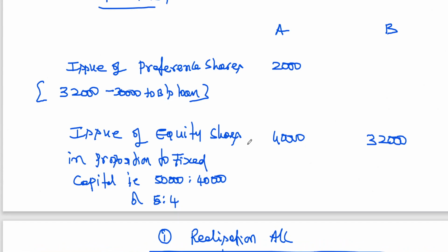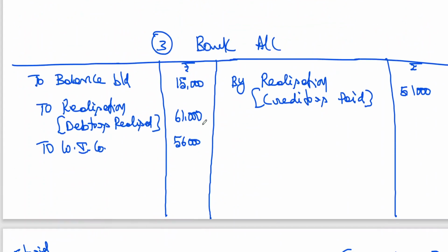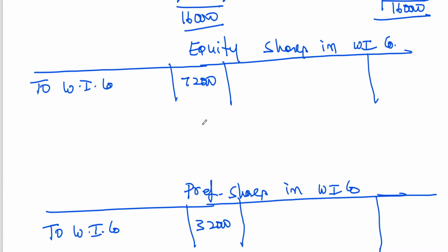Today I have started explaining how we need to make payment to partners. 40,000 worth of shares has been given to A, 32,000 shares has been given to B, and 2,000 preference shares has been given to A, 30,000 has been given towards B's loan. So in equity shares I am writing by A 40,000, by B 32,000.